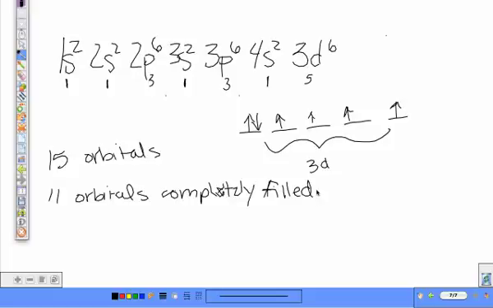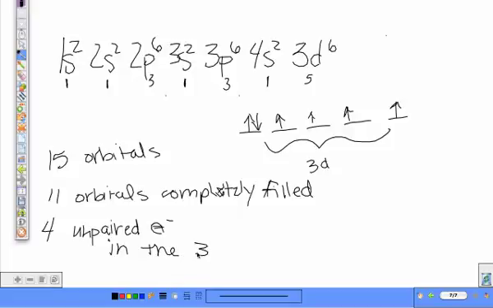And then how many unpaired electrons are there? Again, if these are all full, that means they're all paired. So there's only 4 unpaired electrons. And then in which sublevel are these located? They are in which level?